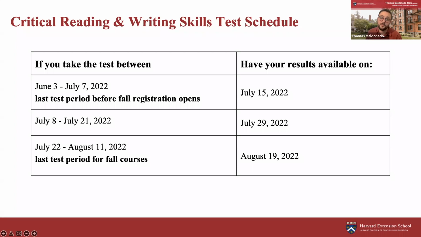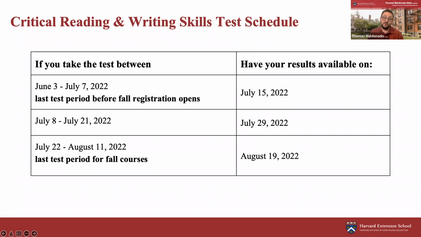Schedule. So I said earlier before that the results of these exams are released all at once on particular days. And so this is the schedule that you would need to know about. And it's fortunate that many of you are here today, because I think it'll help you make some informed decisions about fall registration.